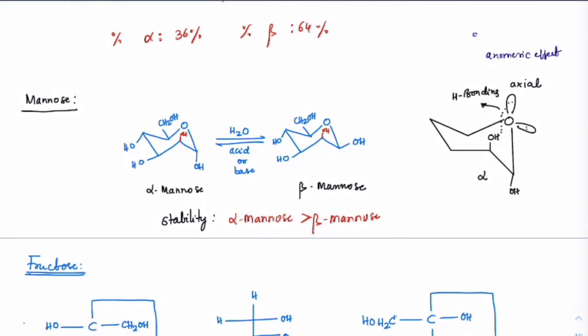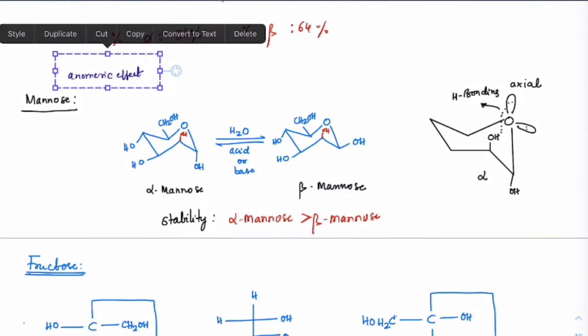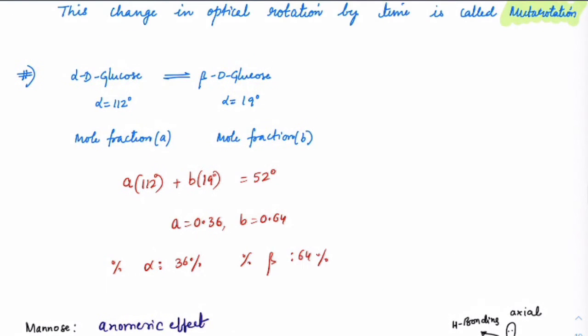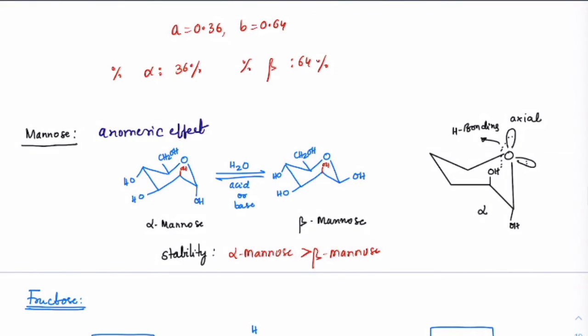Any change in the percentage of alpha and beta is called the anomeric effect. Glucose also undergoes the anomeric effect, and mannose does too, and in mannose the anomeric effect shows that alpha mannose is more stable than beta. The reason behind this is hydrogen bonding between the axial OH and the lone pair of this oxygen.